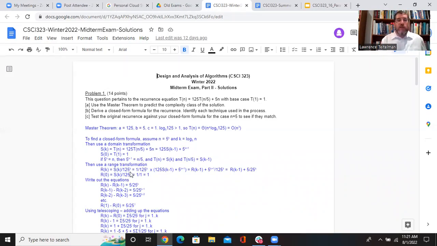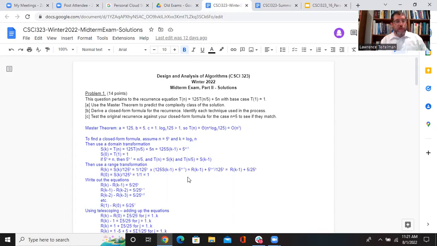So what I'm doing here is writing the 125 to the k on the bottom on the outside. I apply it all the way through, and look what happens. This is the beauty of it. This is why I'm doing the range transformation. The 125 here and the 125 there becomes R of k minus 1. Why? Because R of k minus 1 is S of k minus 1 divided by 125 to the k minus 1.